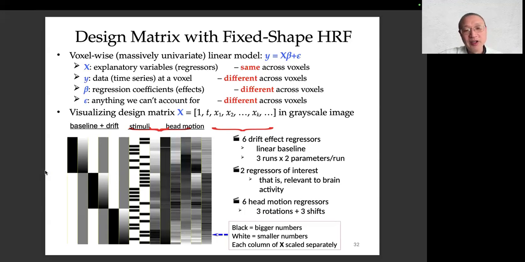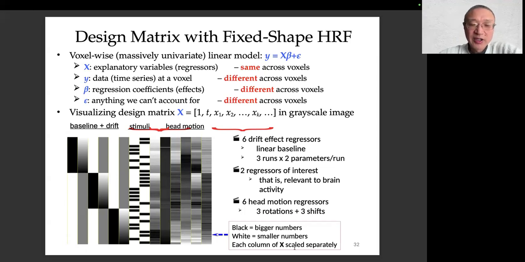Each row is the time, right? From bottom to top is from beginning to end. Suppose we have 150 time points. The first one would be at the bottom, the last one, the 150th TR, would be at the top. So the vertical y-axis is the temporal axis.